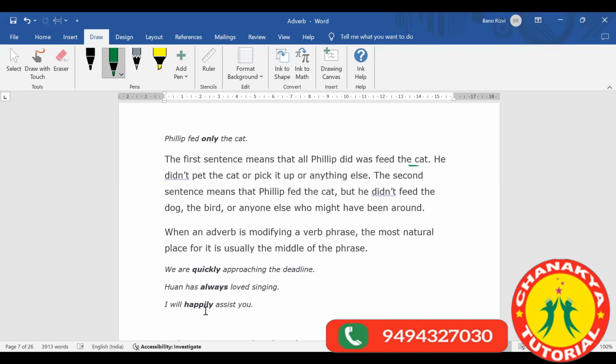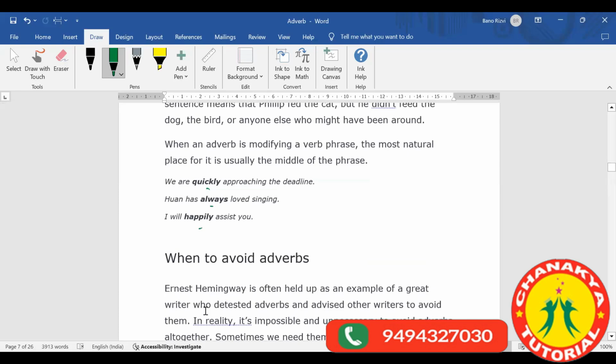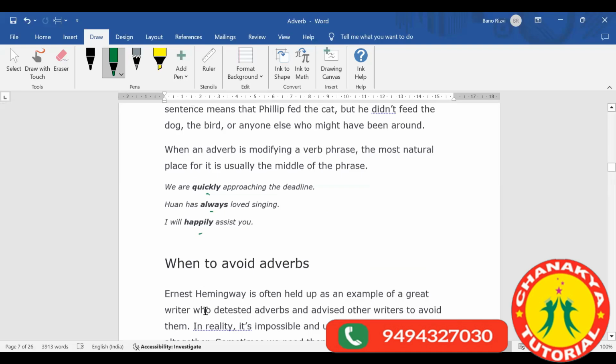Now you understand the places here. Can somebody read this example? Yes, ma'am.